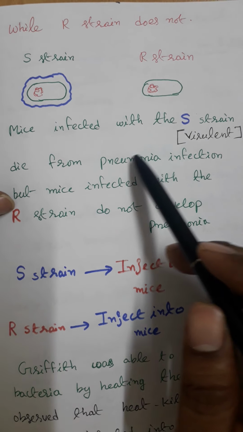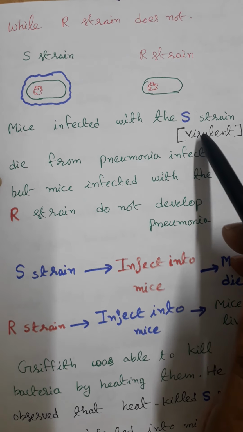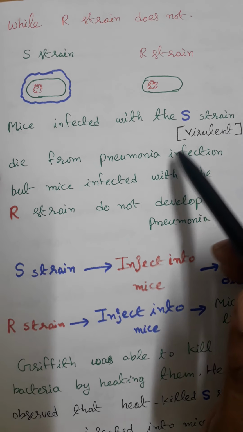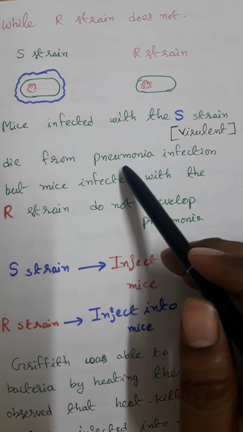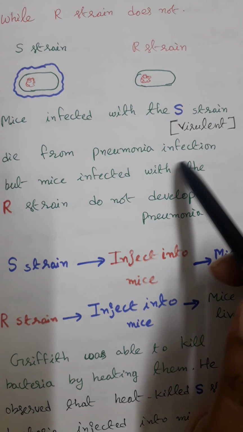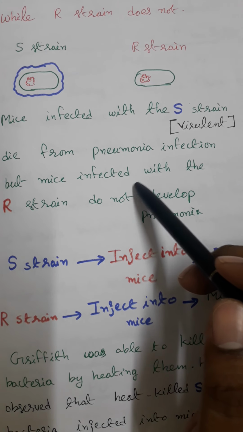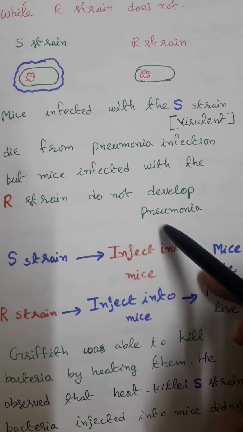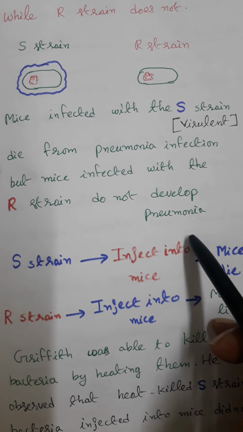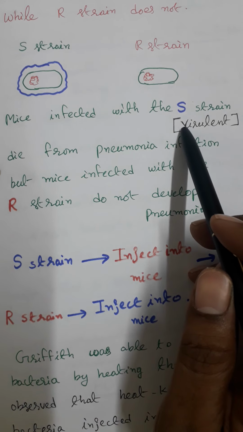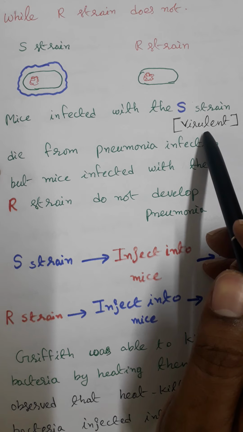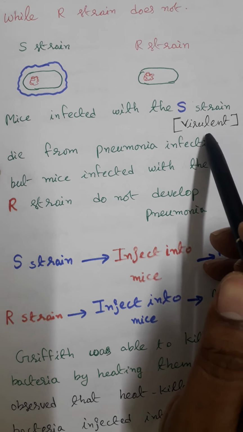The mice infected with the S strain of bacteria die from pneumonia infection, but mice infected with the R strain do not develop pneumonia. The S strain is virulent and causes pneumonia disease.